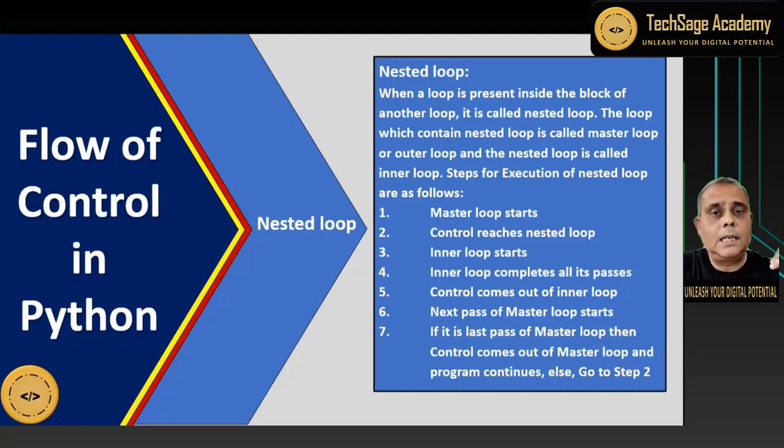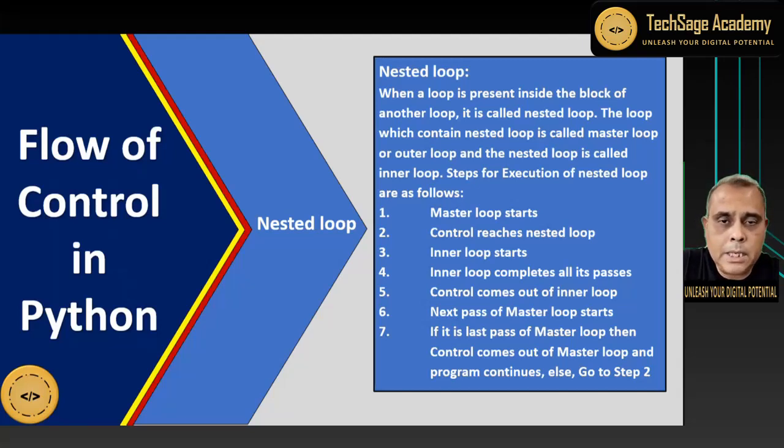The statements written inside the inner loop will execute. The incrementation in the inner loop will take place. Then the condition of the inner loop is checked. If the condition is true or if it is inside the range, the loop executes. Again, the inner loop executes.